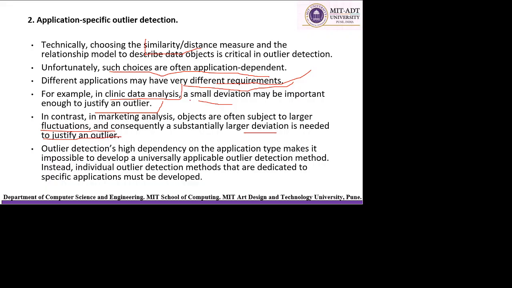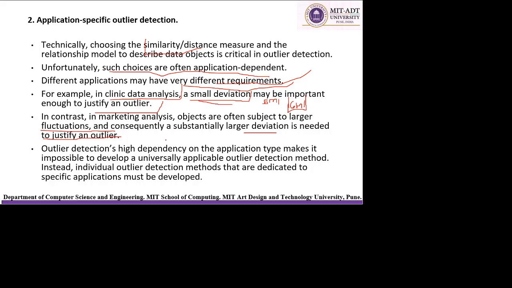For example, a dose given to a patient is 5 ml, and if it is not followed by consequent doses of 5 ml, but is given as 6 ml or more than that for a small kid, then it is not bearable. It may be considered an overdose, so it may be an outlier in this case.